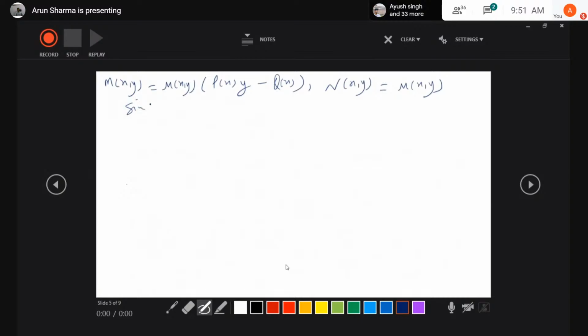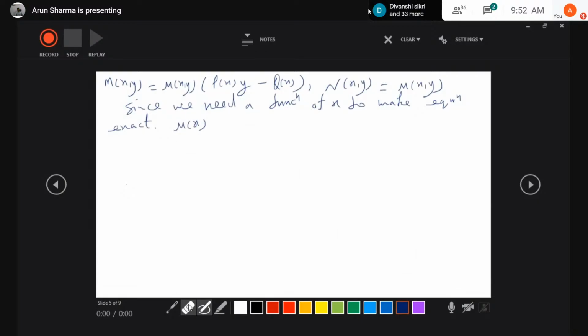So since we need a function of x to make the equation exact, what will we take? We will take mu xy as just mu x.